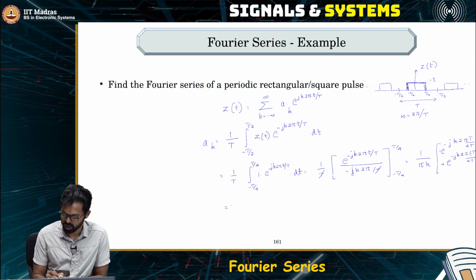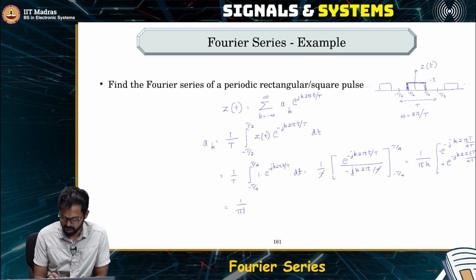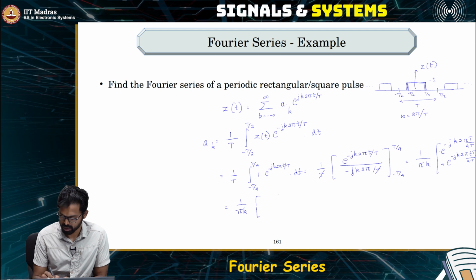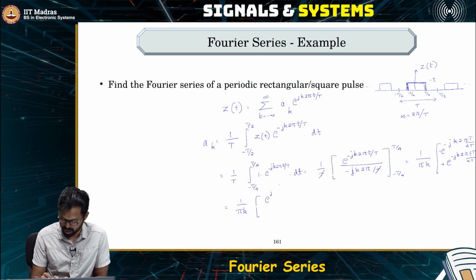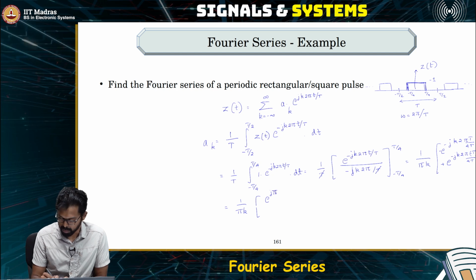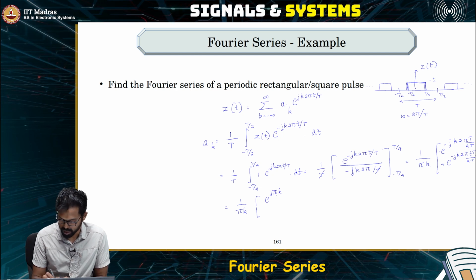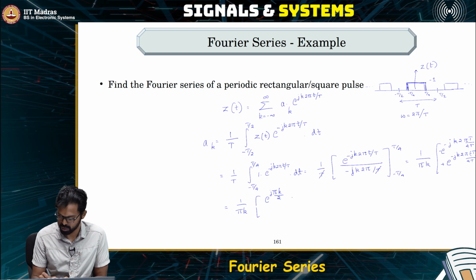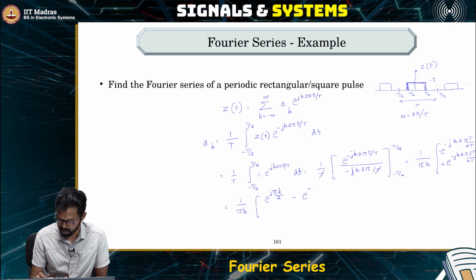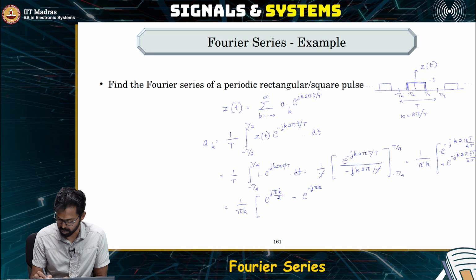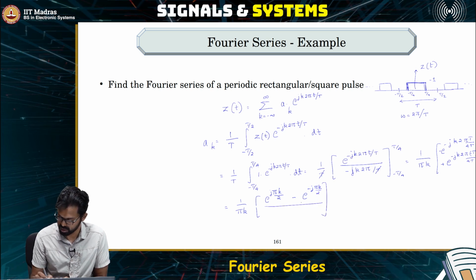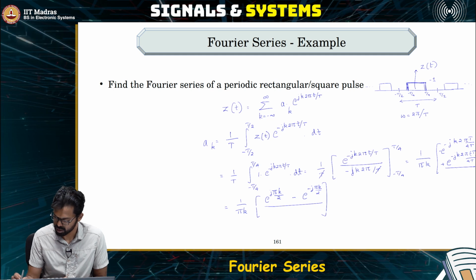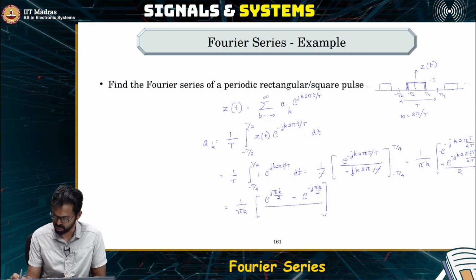In other words, this is 1 by pi k, e power j pi k by 2 minus e power minus j pi k by 2, divided by 2j.